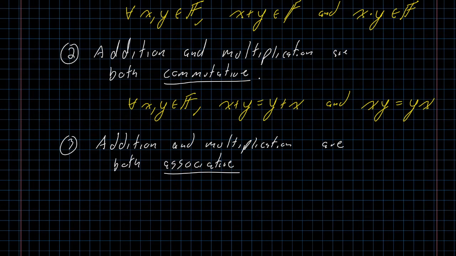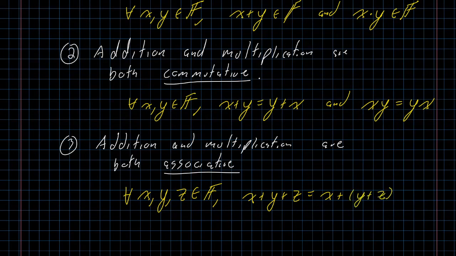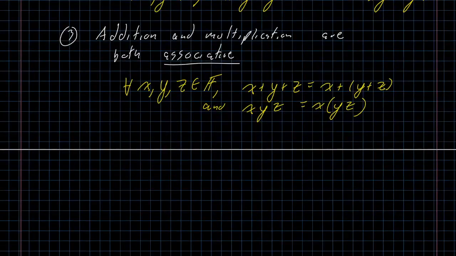Addition and multiplication are both associative. And associative, remember, is the rule where if you have multiple of those things, everything works out fine, no matter what order you perform addition and multiplication.